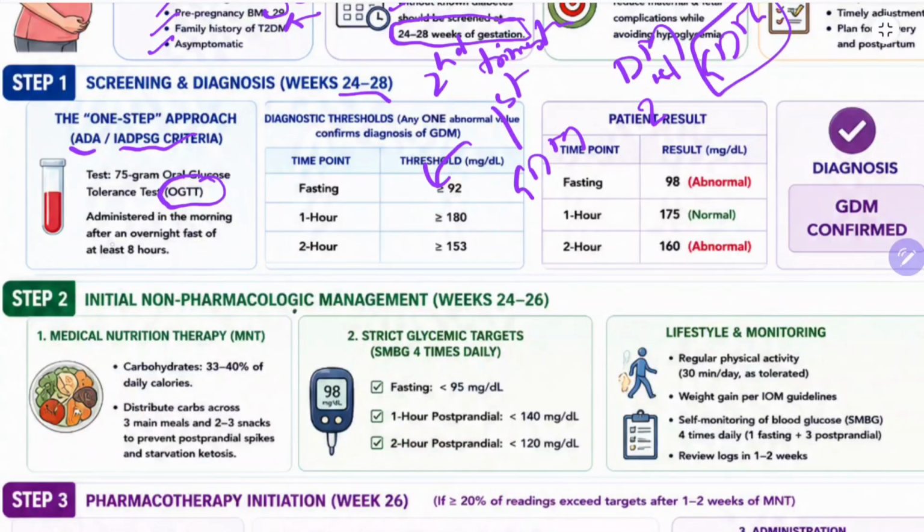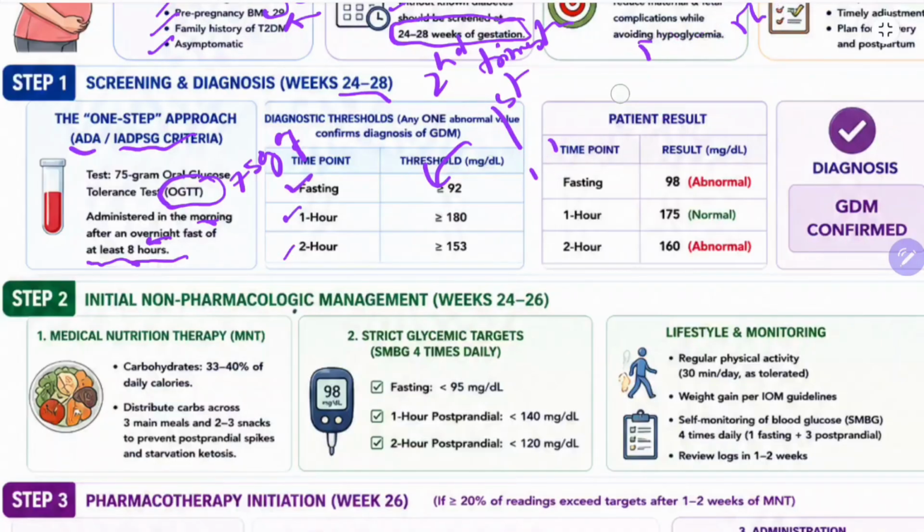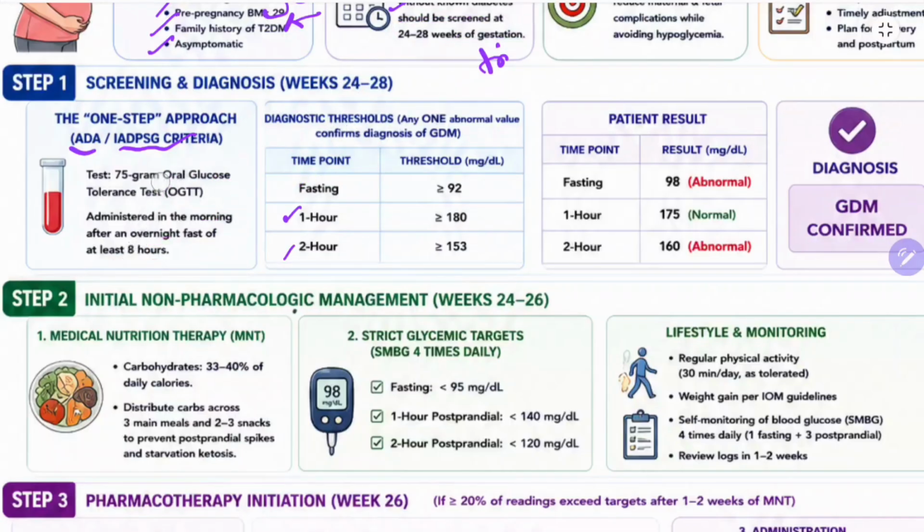The patient should fast at least 8 hours. She should not take any food for 8 hours overnight. Then in the morning she is given 75 grams of oral glucose. Then the values are measured, first fasting, then at 1 hour, then at 2 hour. OGTT.